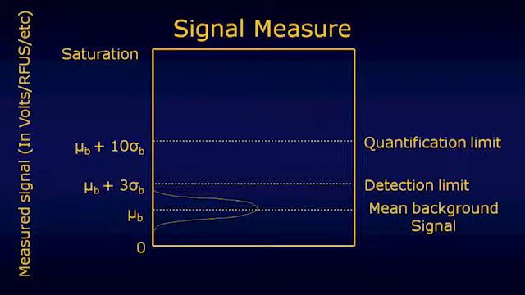We can measure the heights of those random bits of noise and get an average value and a standard deviation associated with that average value for the background noise, the stuff that's just going on along at the baseline. And a limit of detection then is simply this. It's the average level of noise plus 3 standard deviations.